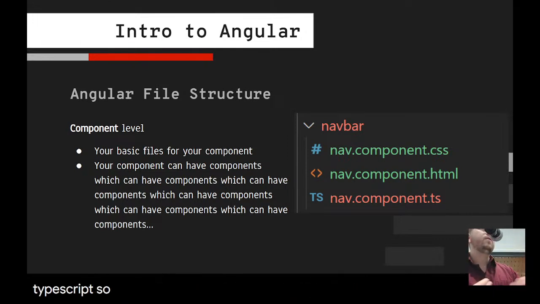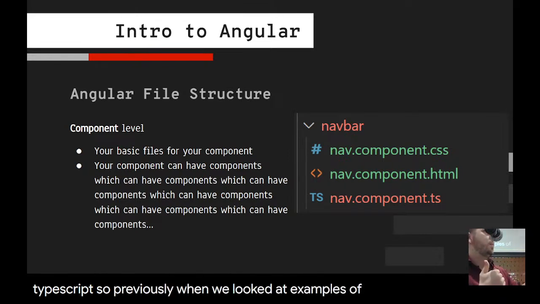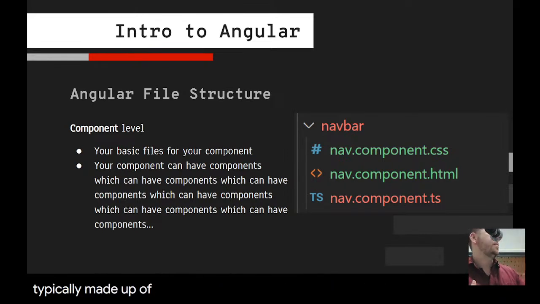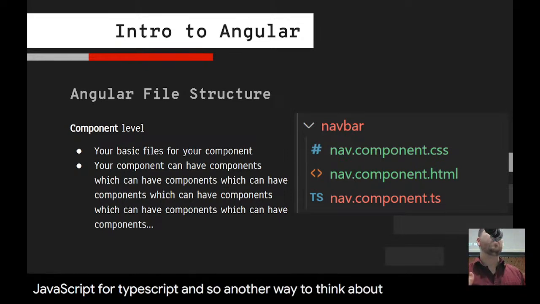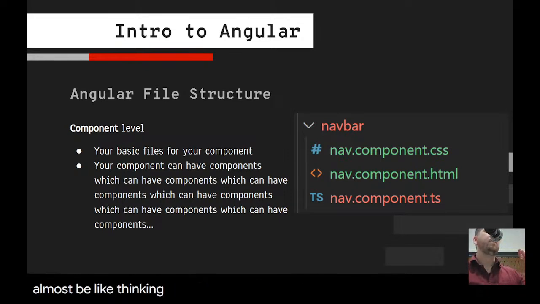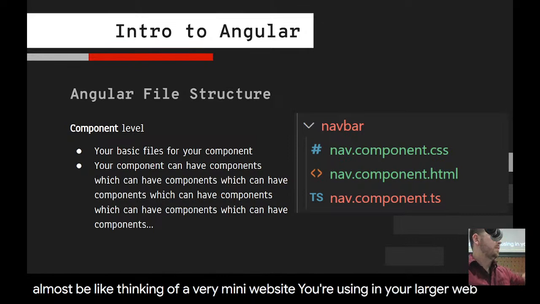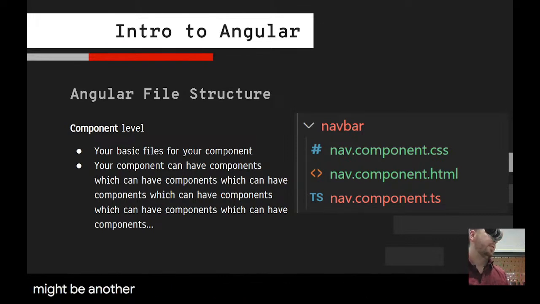Previously, when we looked at examples of a website, they were typically made up of CSS, HTML, and JavaScript. Here we're substituting TypeScript for JavaScript. So another way to think about a component could almost be a mini website living in its own folder that you're using in your larger website. Might be another way to think about it. Right.